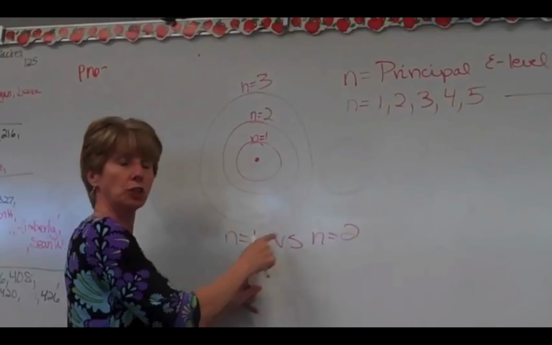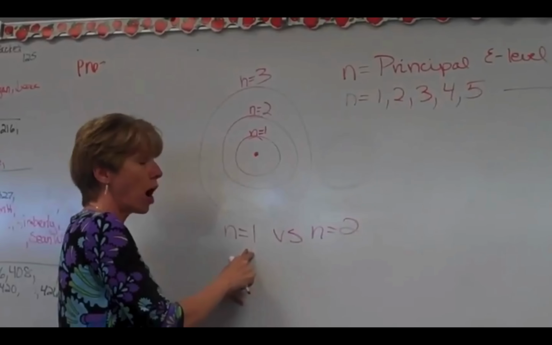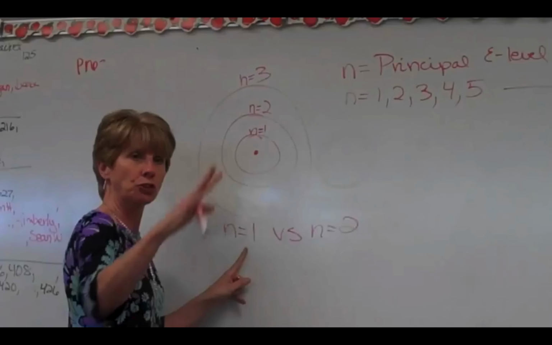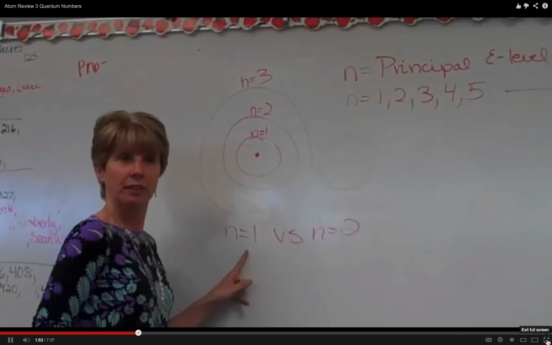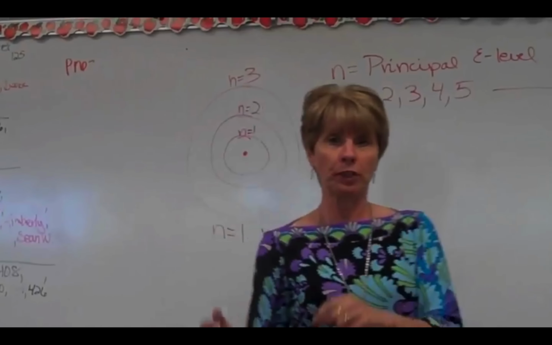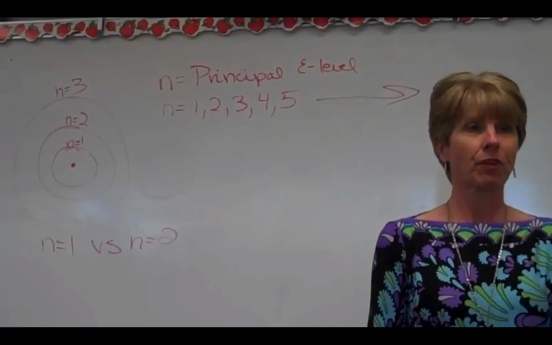N equals 1 is closer to the nucleus than N equals 2. N equals 1 is a smaller electron cloud than N equals 2. As distance from the nucleus increases, amount of energy increases.